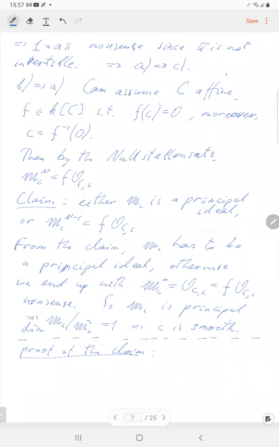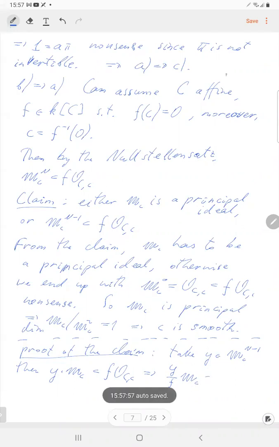Well, let's take an element of the smaller power, y in the n minus first power. Then we know that when we multiply this element by the maximal ideal, it gets into nth power that is contained in f times the local ring. And it means that the ratio y over f times the maximal ideal lies in the local ring.